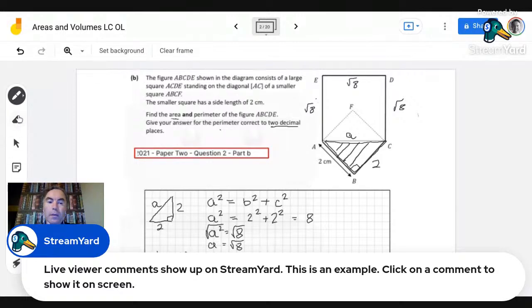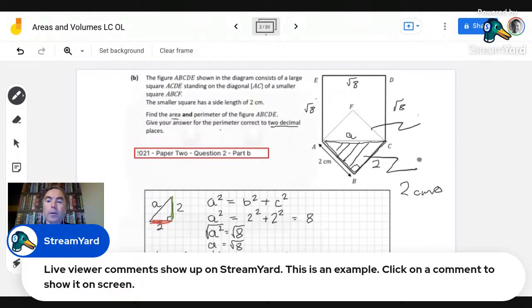The base would be this base over here sitting on the side, and then the height could be the length going upwards. Very straightforward here. It's just a half by 2 by 2, and that will give you 2 centimeters squared. So that's 2 centimeters squared in there.